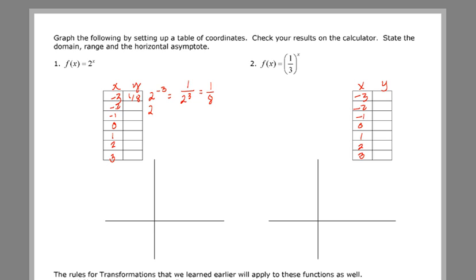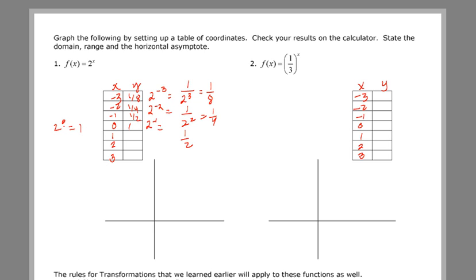If I place a negative 2 in that function for x, I get 2 to the negative 2, which when I take the reciprocal gives 1 over 2 squared, which is 1 over 4. If I plug in a negative 1, 2 to the negative 1 power is 1/2. 2 to the 0 power is 1.